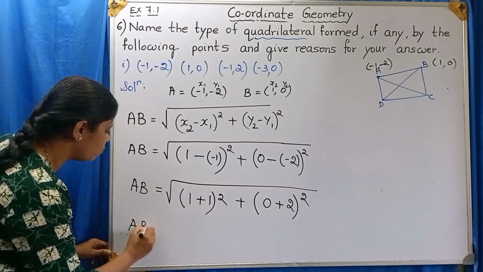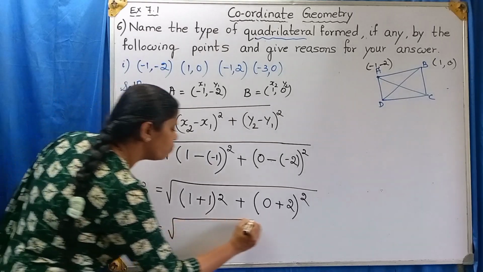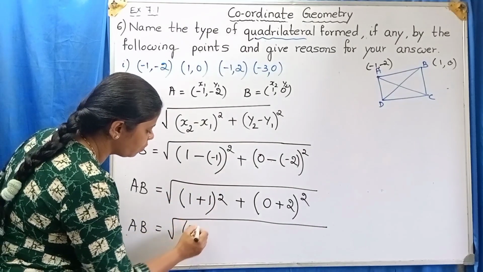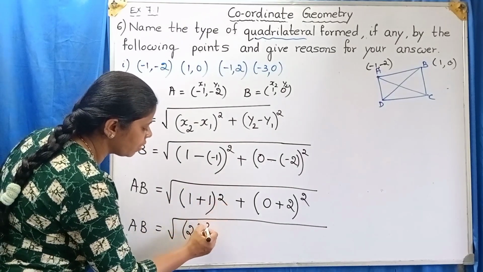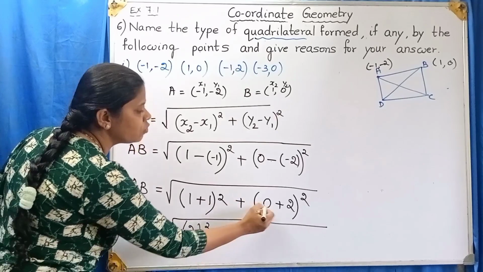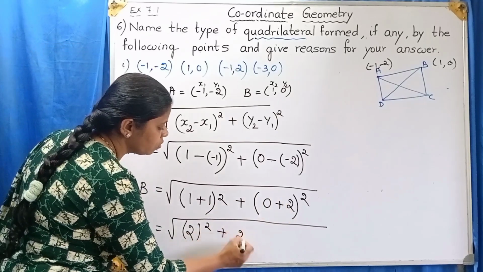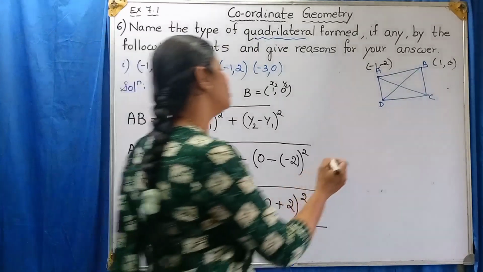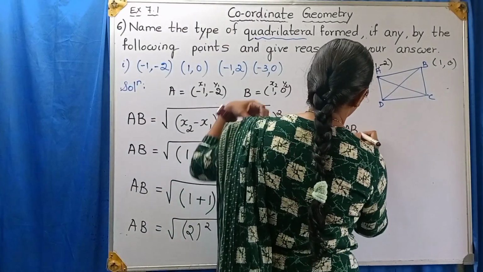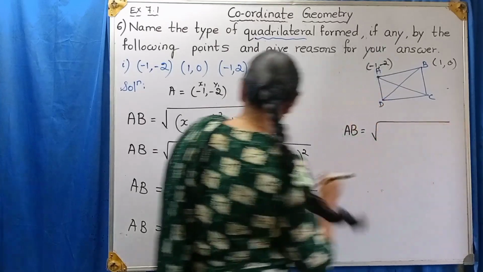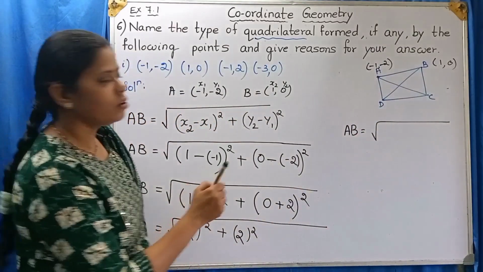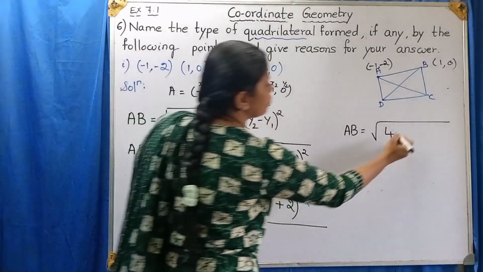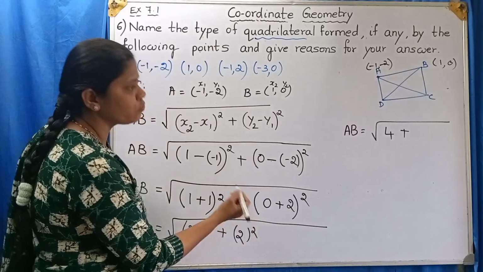AB is equal to square root of 1 plus 1 is what? 2. 2 the square, plus 0 plus 2 is what? 2. 2 the square. AB is equal to square root of 2 square is what? 4. 4 plus 2 square is what? 4.